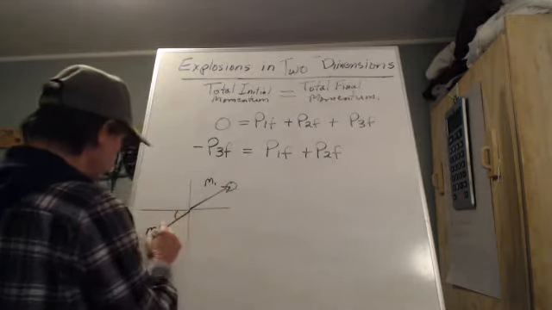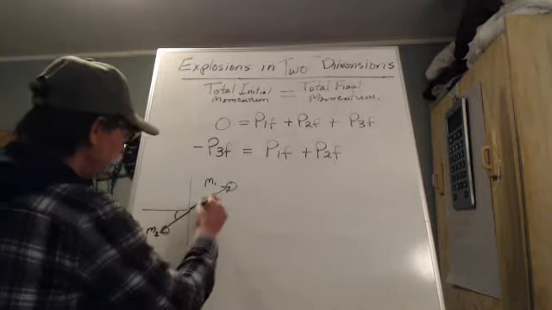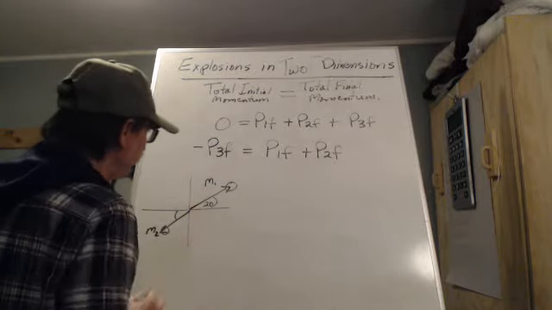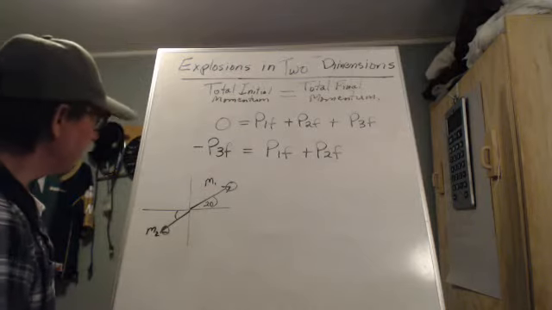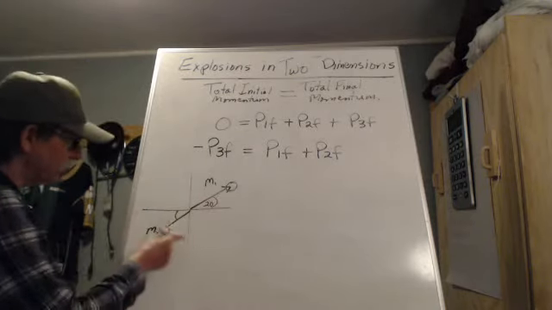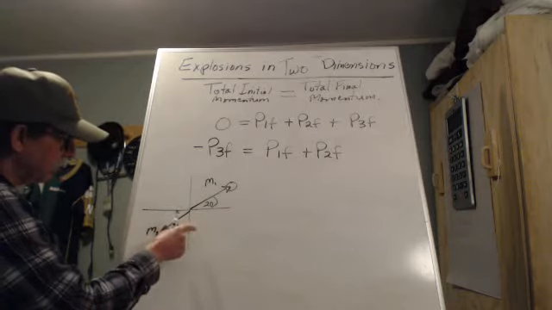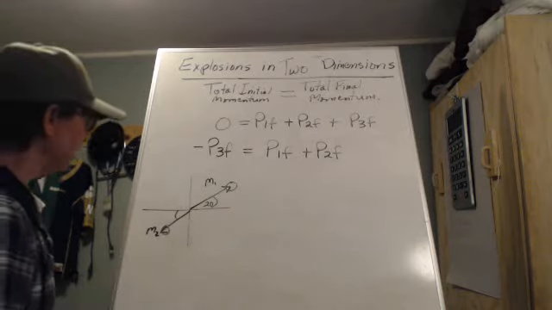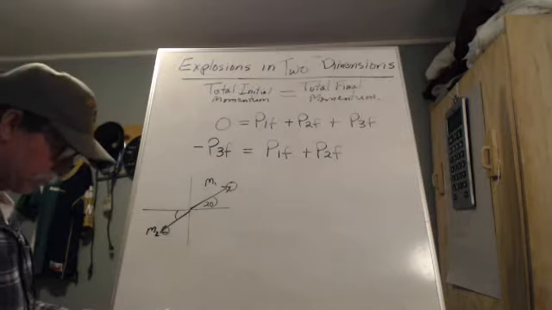And I'm going to go like that and like that. That's 20 degrees. So I want to get some information. I'm going to solve these two together, and then from there I'm going to come to my conclusion.